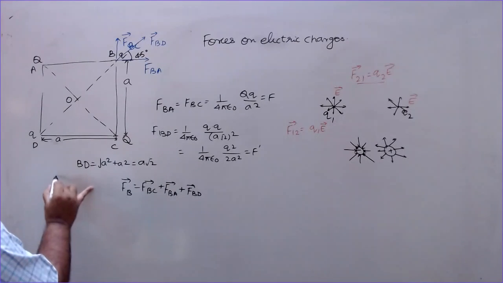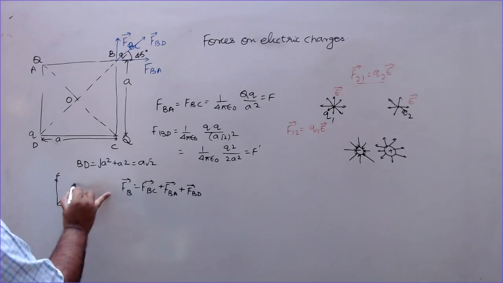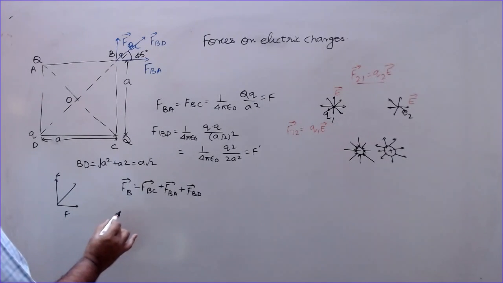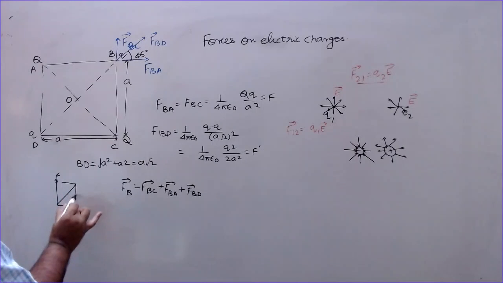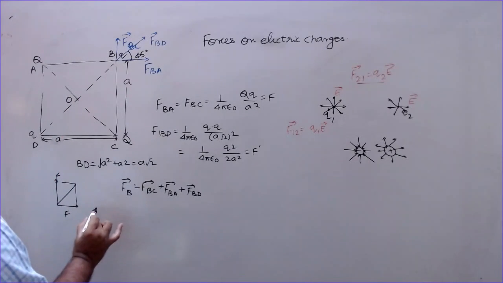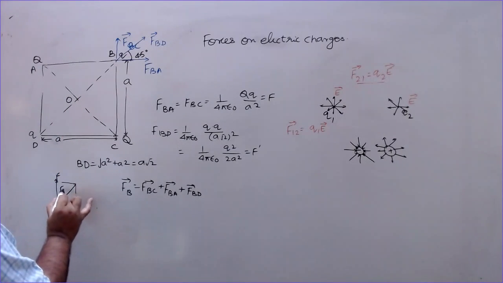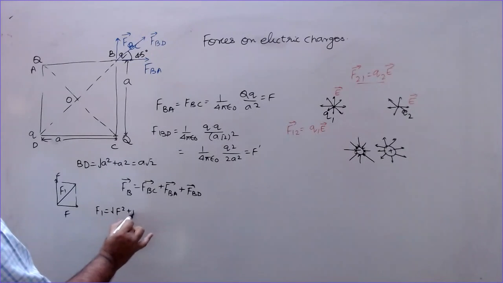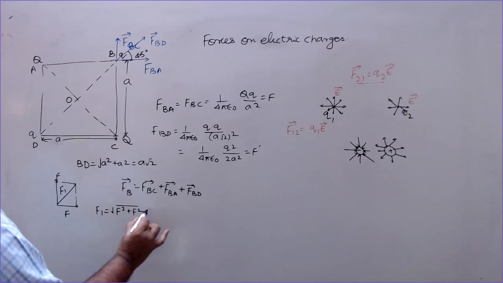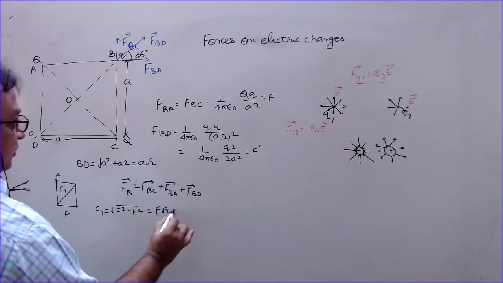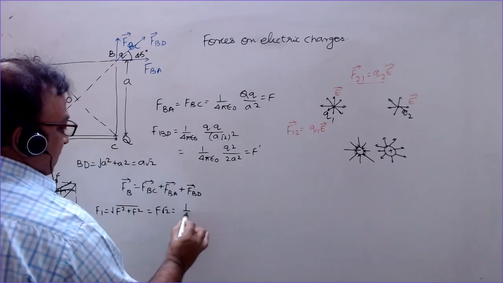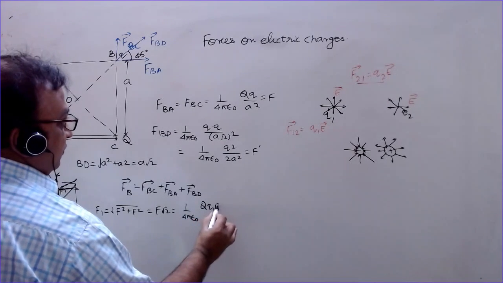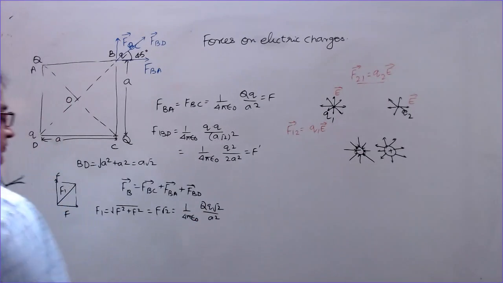F at 90 degree. So the resultant will be along the diagonal of this square. If you complete the square along this, suppose F1 is the resultant. Under root of F square plus 2F cos 90, F under root 2, which is equal to 1 upon 4 pi epsilon 0 q root 2 by a square.